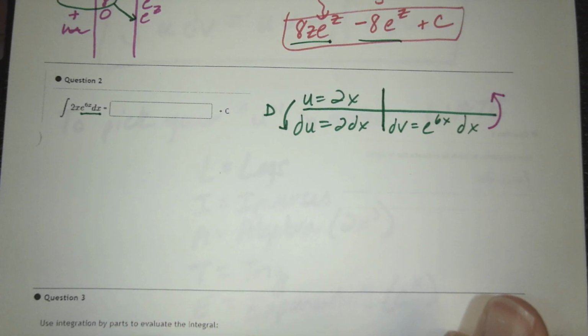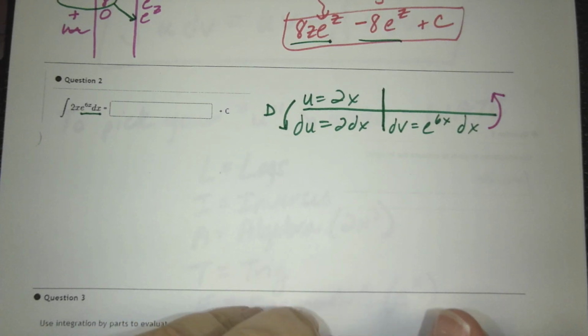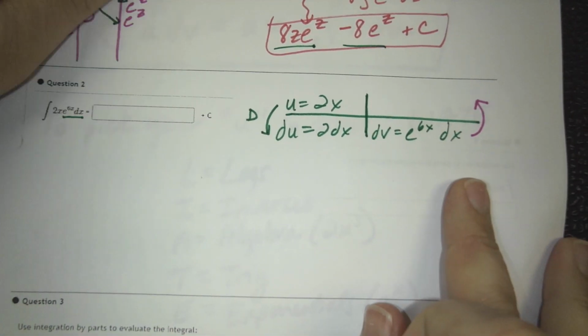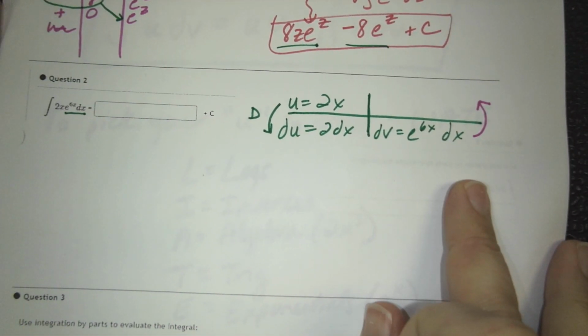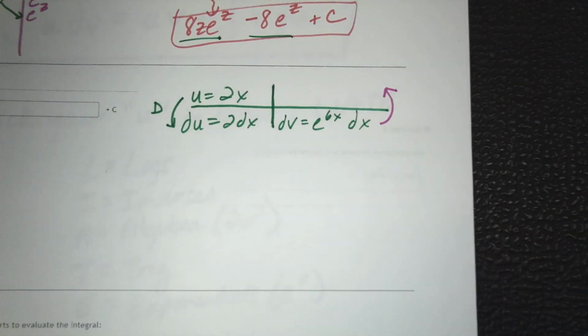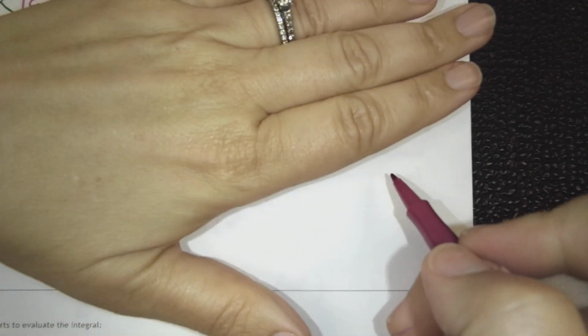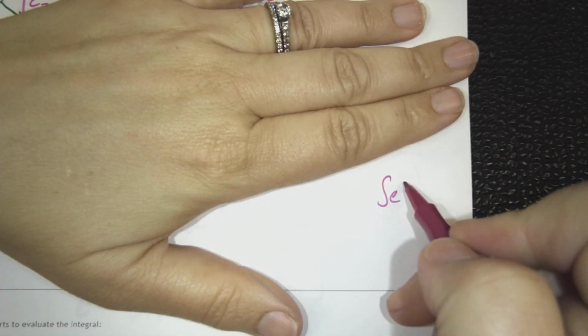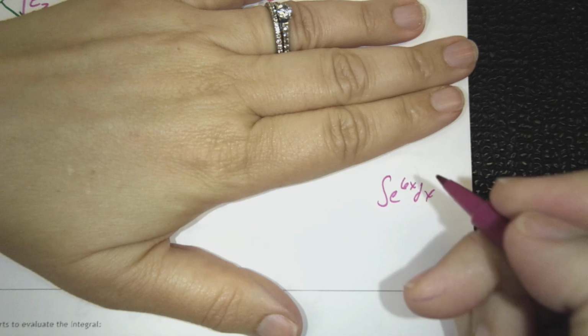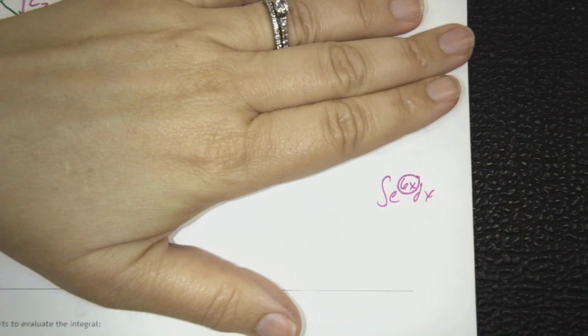e to the 6x. ln. We're not talking about derivatives. It's not chain rule. Over 6x. Oh, 6x over 1. You might be on the right track. Hold up. Stop and watch. Listen. If I had given this to you on the last test, which I did, you called this u, did you not?